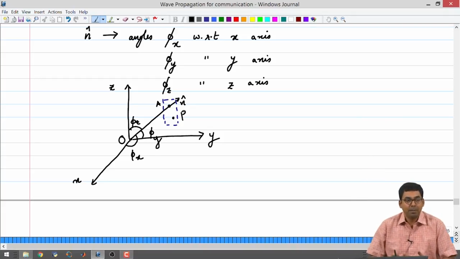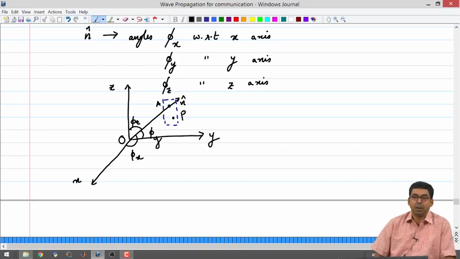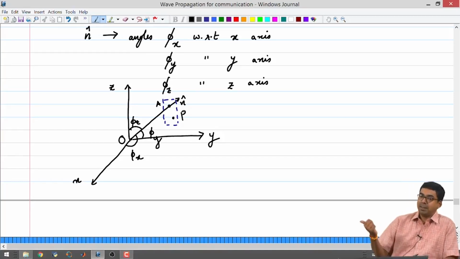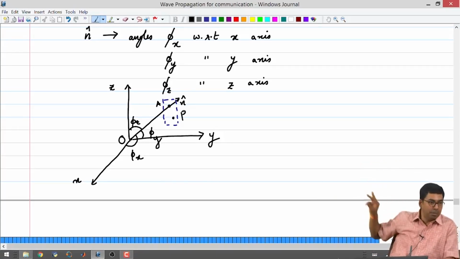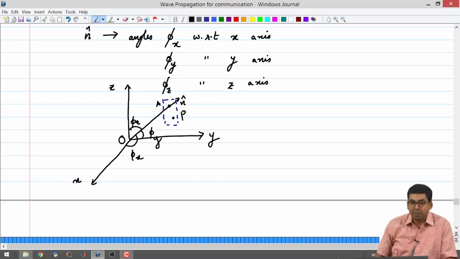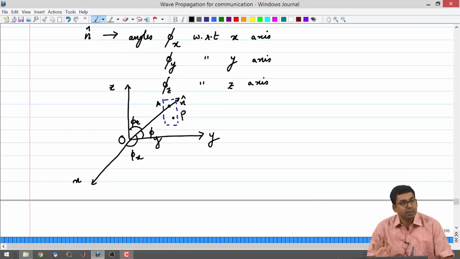Remember that when we were orienting our direction of propagation n hat to be in the z direction, we wrote down the equation to be cos omega t minus beta z. So, cos omega t minus beta z means that in x and y directions the plane is infinitely large. Wherever you take a point on that plane, the description of the field is cos omega t minus beta z.